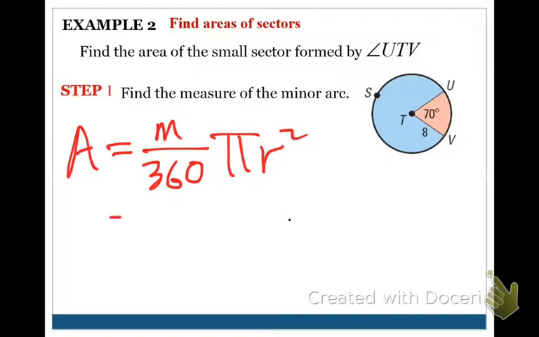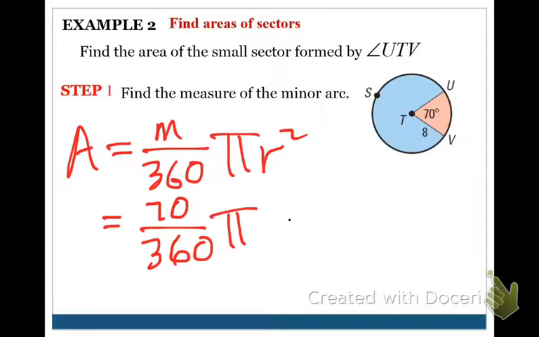So that's going to equal 70 over 360 times pi times 8 squared. Multiply that out on your calculator, see if you can get the right answer. 70 over 360 times pi times 8 squared.